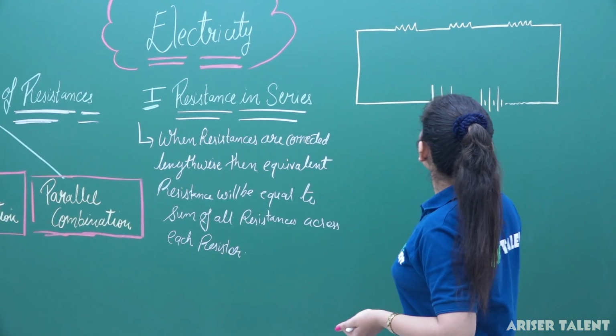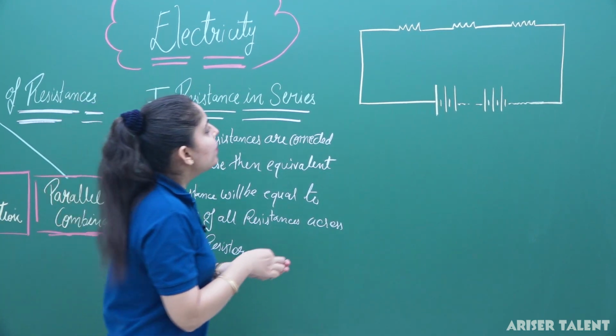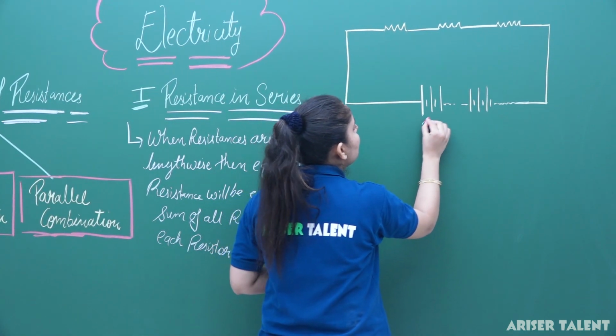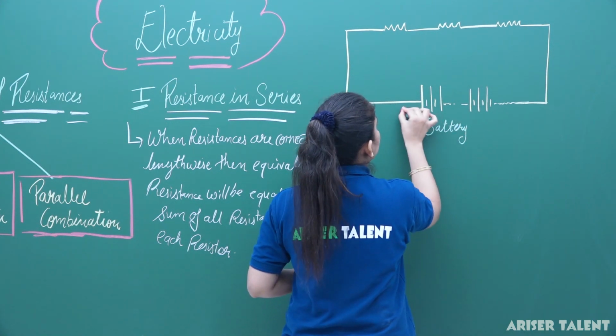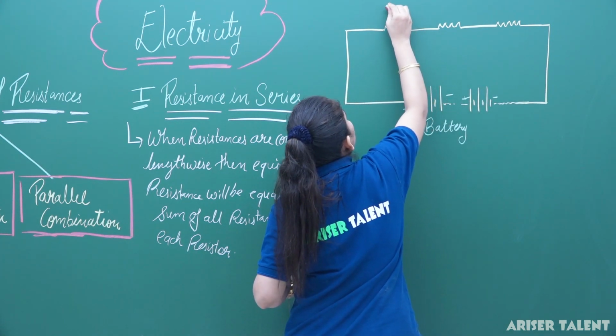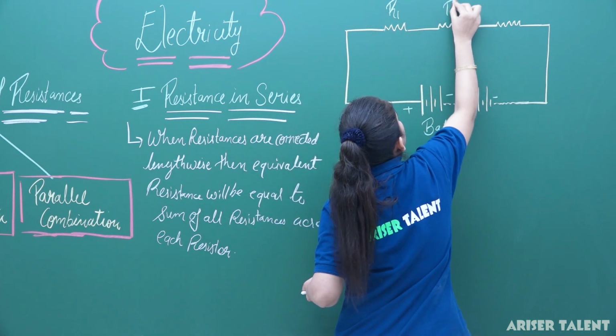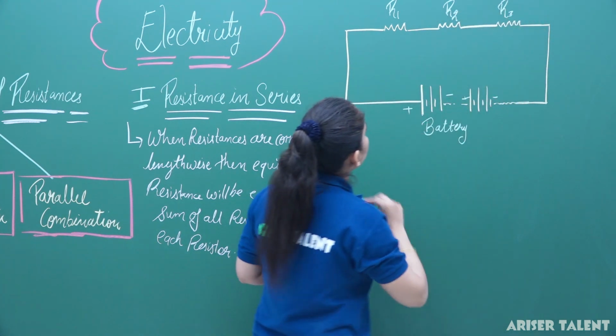So this will be the diagram for the series combination of resistances. This is our battery, having positive sign, negative sign, positive sign, negative sign. This is resistance 1, this is resistance 2, and this will be resistance 3.